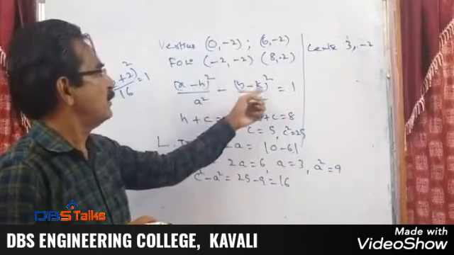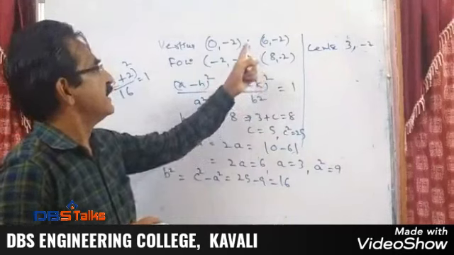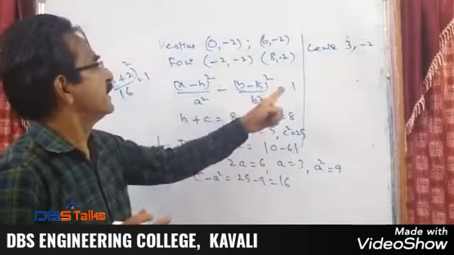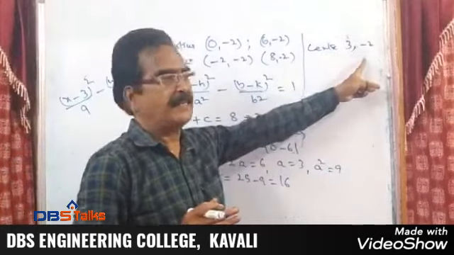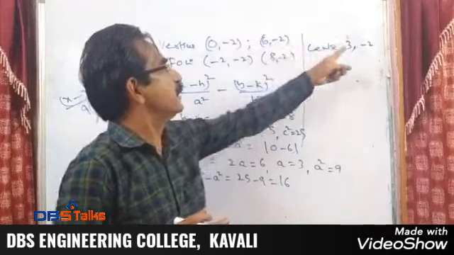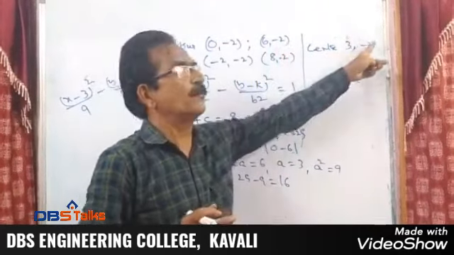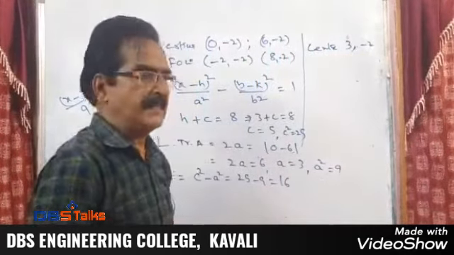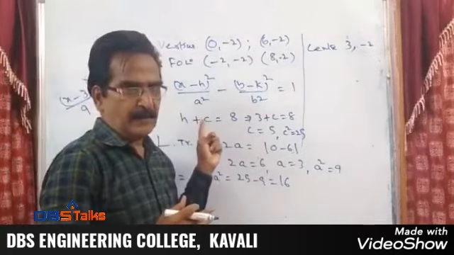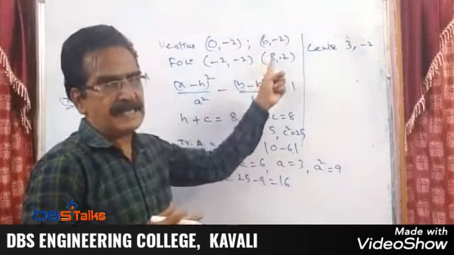How we found the center: the center is the midpoint of the vertices, so we can easily find it. The midpoint of these 2 points: 0 plus 6 by 2, and minus 2 minus 4 by 2, minus 2. When the center is known, we can find c, because the foci are given.